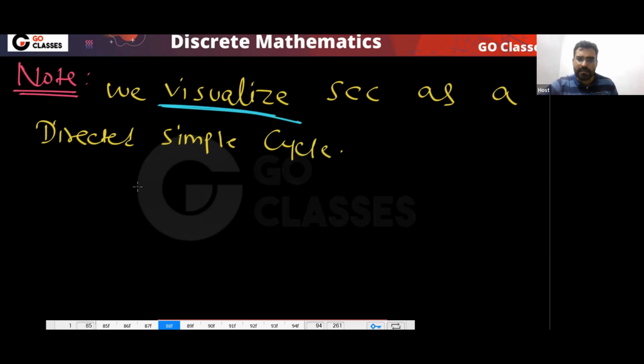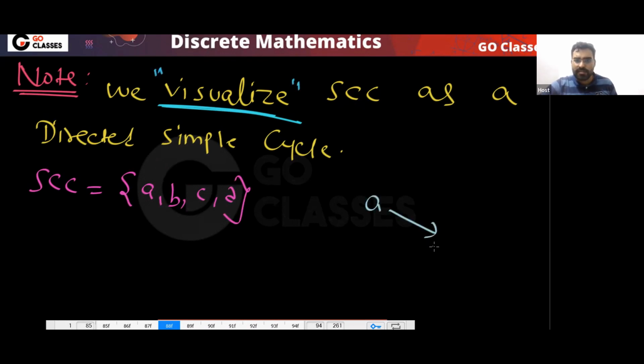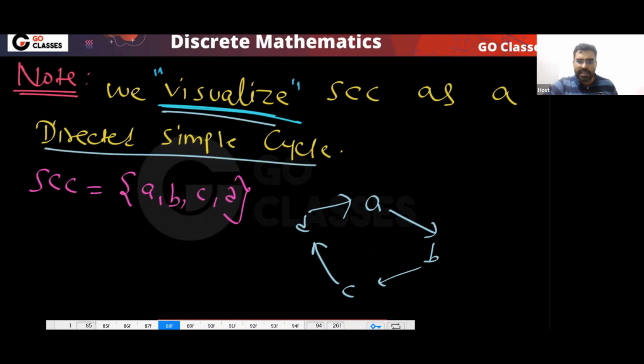For example, if I say that the strongly connected component is A, B, C, D, then how can you visualize this? You can visualize it like this. Are you getting my point? So we visualize this strongly connected component as a directed simple cycle.